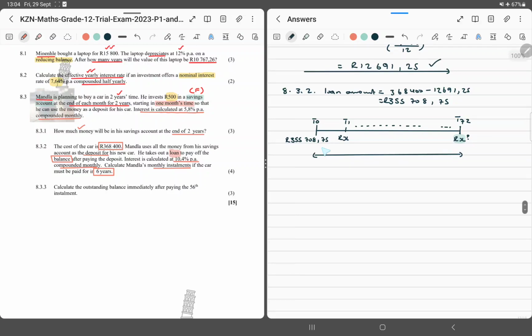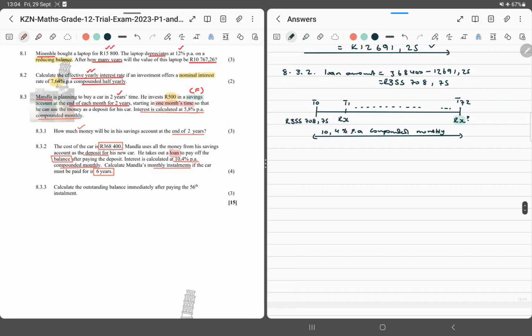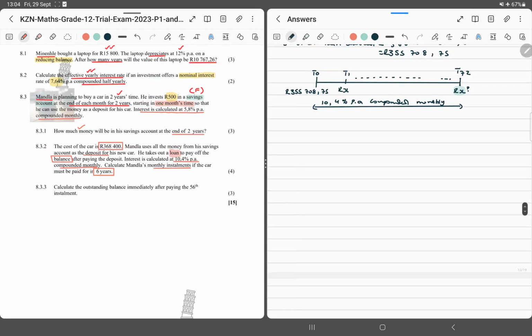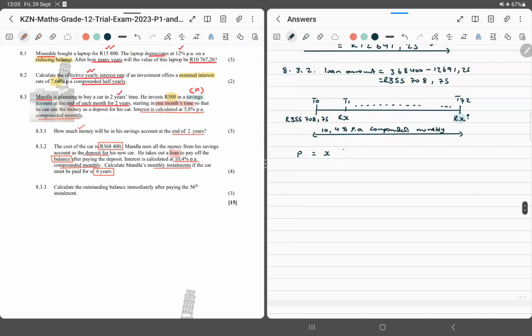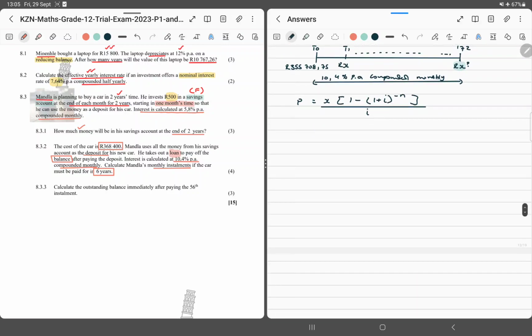So what we're doing here, we're doing this at 10.4% per annum, compounded monthly. Okay, now that we've sorted our things, we can start saying how much you must pay every month. So this is a present value calculation. This is going to be X into 1 minus (1 plus i) to the exponent minus n, over i. Okay, this is easy, guys.